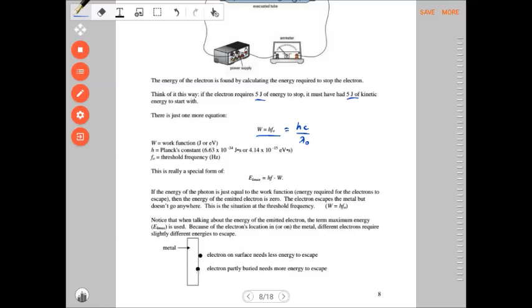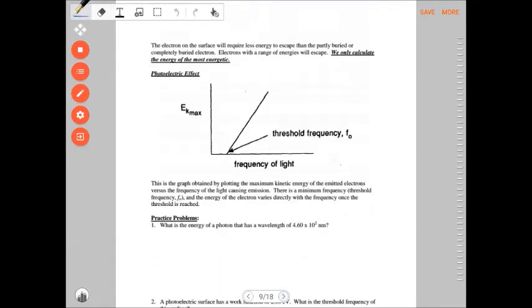A buried electron needs a little more energy to escape. So EK max is just the maximum energy the electron can have. It could have a little less if it requires a bit more energy to get off the metal. We always talk about the maximum kinetic energy, so don't worry too much about that.